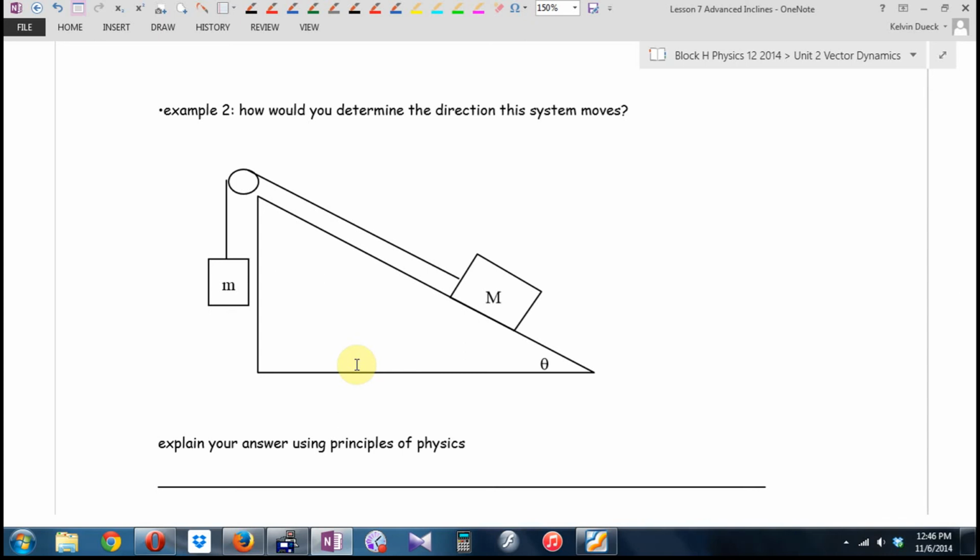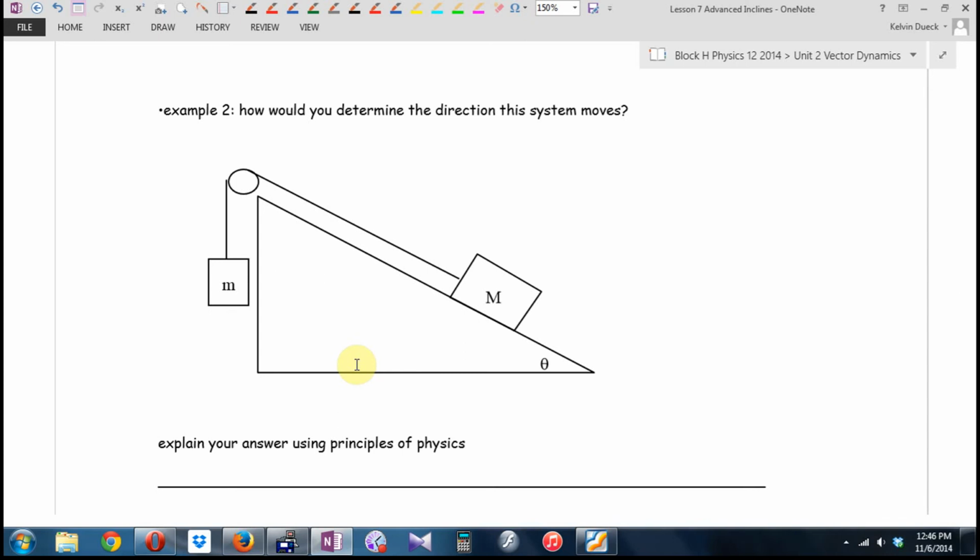It says this: supposing you have one mass hanging over a cliff and one mass hanging down a hill. How would you determine the direction this system moves? Well, it really depends. What does it depend on? How big the masses are and what the angle is.